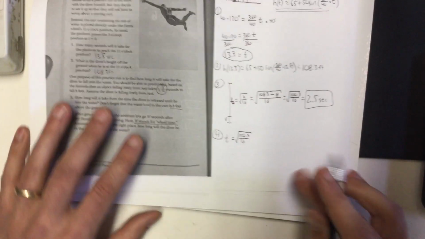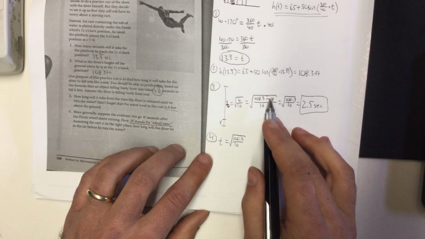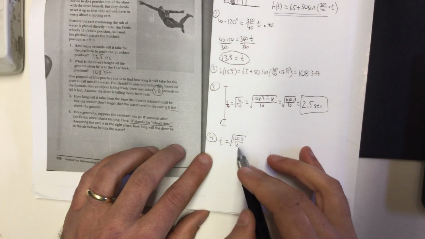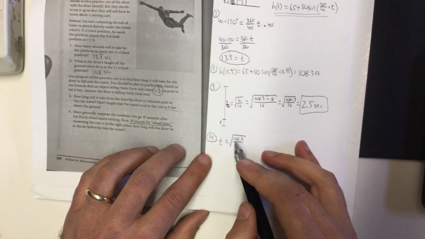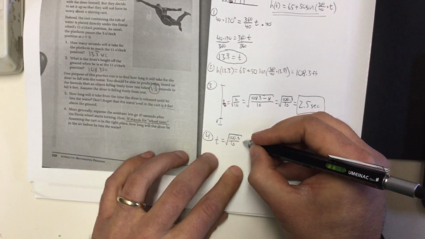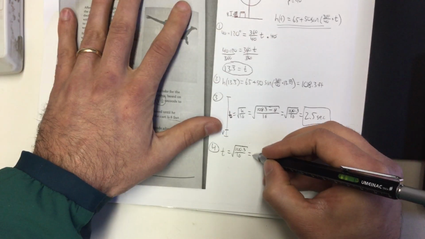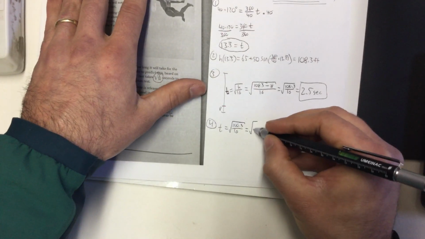Here we get our 16 because it has to do with the Earth's gravity, and the square root because we're solving our distance from free fall equation for time. So the square root's going to stay, and the divide by 16 is going to stay.